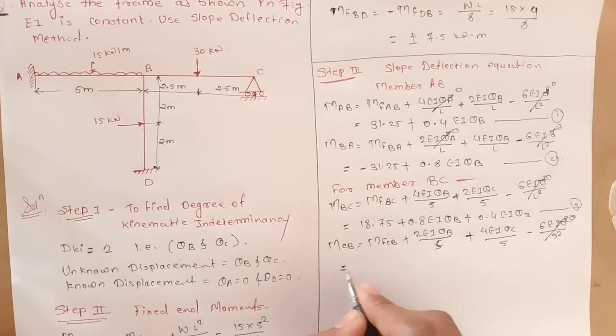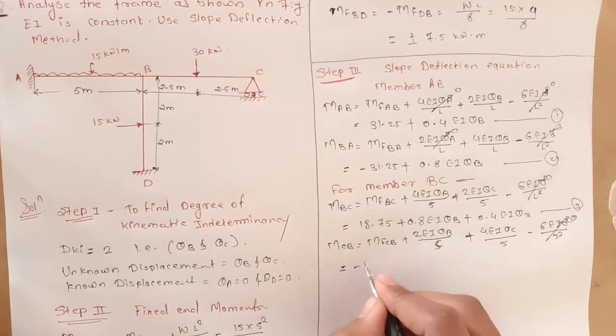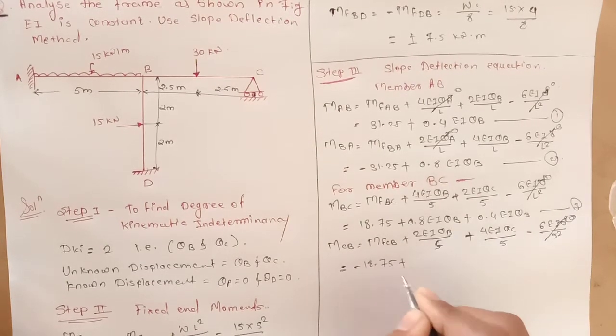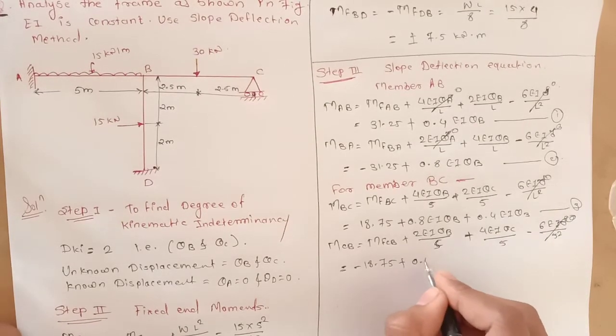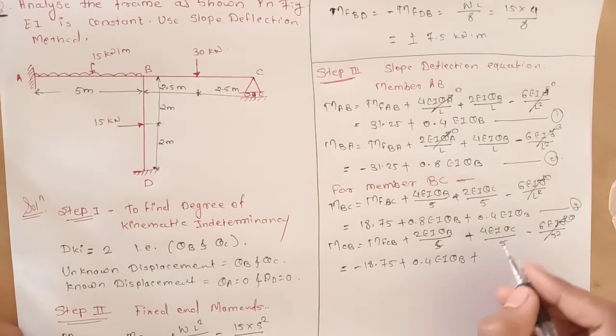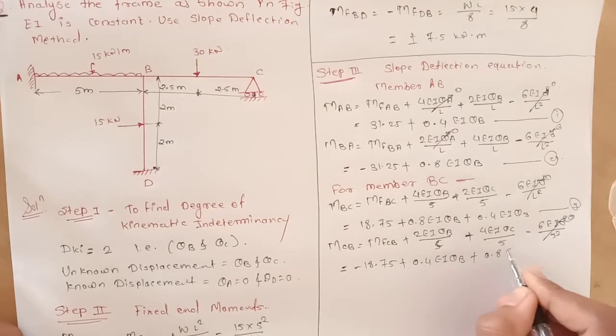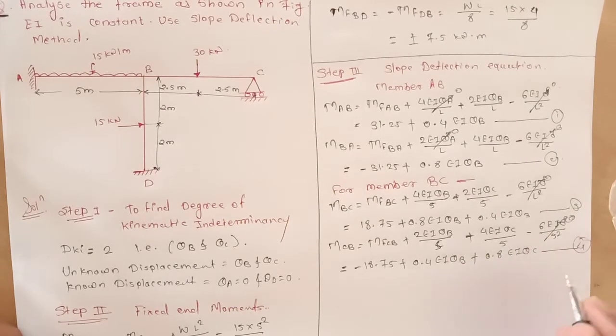So remaining is, we know that the value of fixed moment for member CB is minus 18.75 plus 2 divided by 5, which is 0.4 EI theta B, plus 4 EI theta C divided by 5, which is 0.8 EI theta C. This is equation number 4.